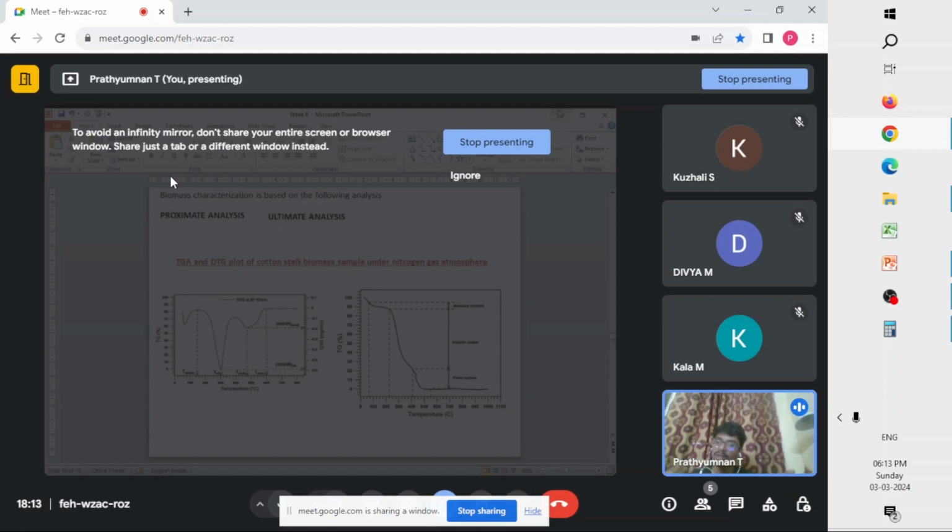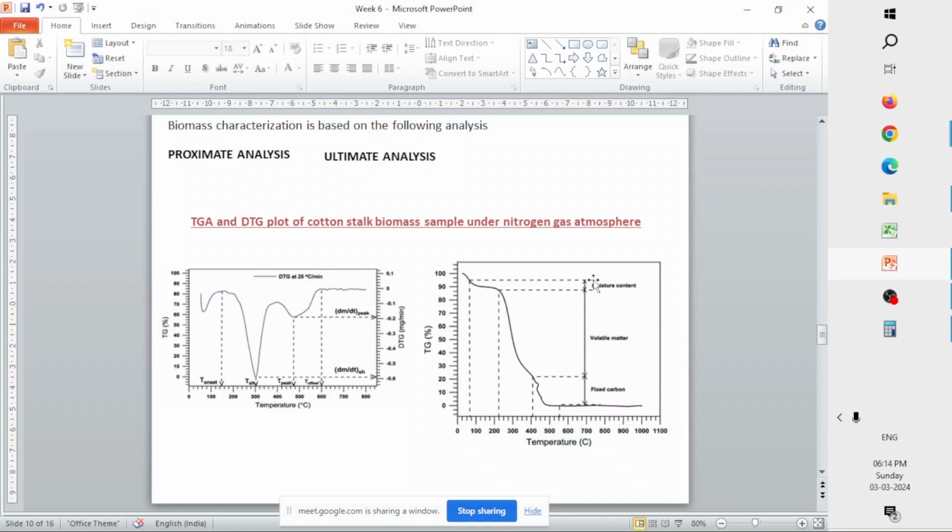But there is also something called bound moisture, which is actually bound inside your material. So that moisture also has to be removed. That is the reason we increase the temperature, and the very first place where your curve actually starts falling, that difference is what we designate as moisture content.